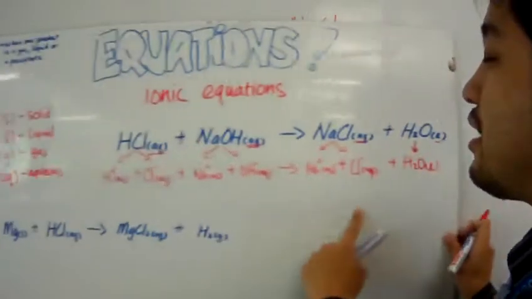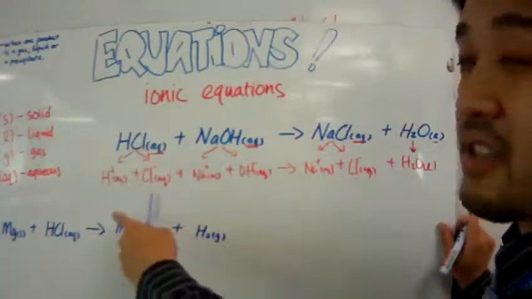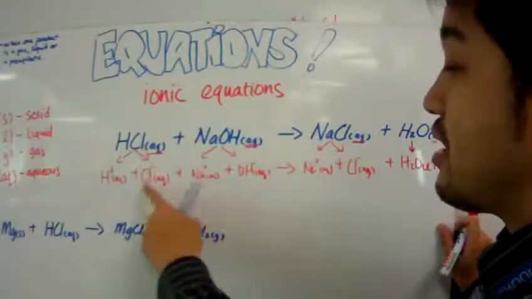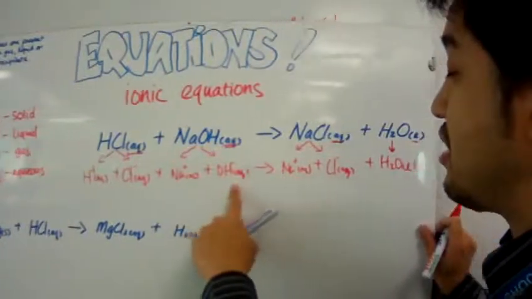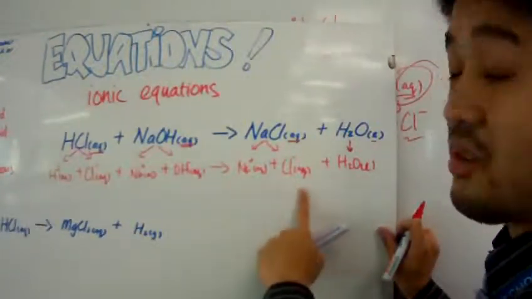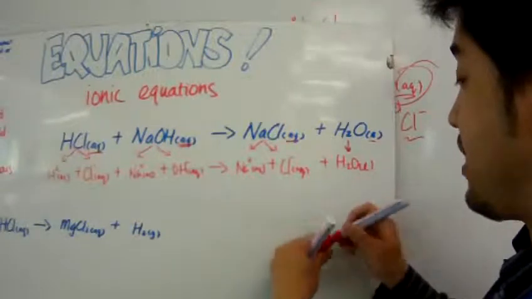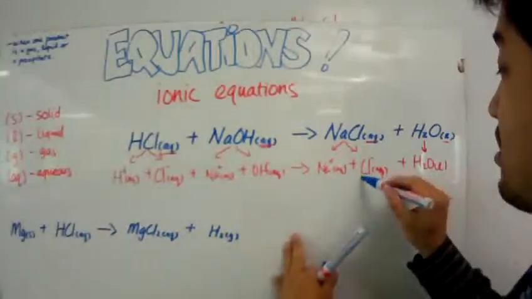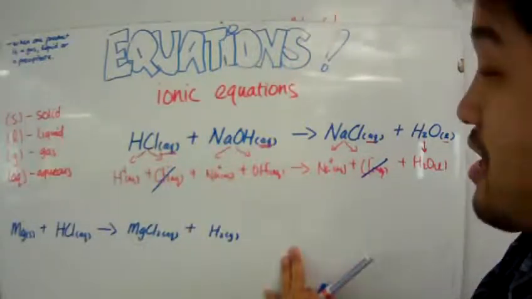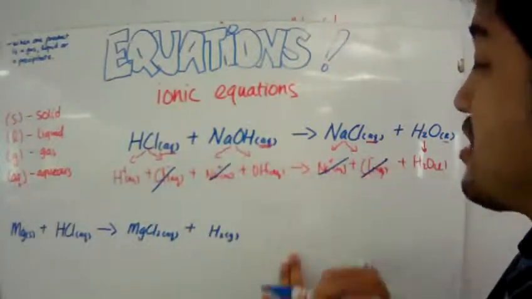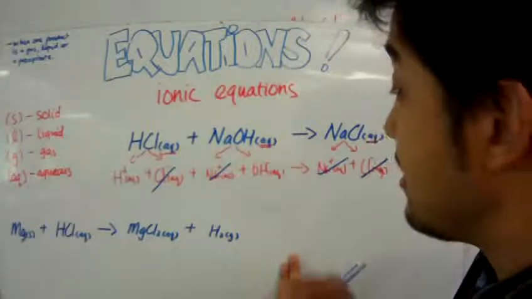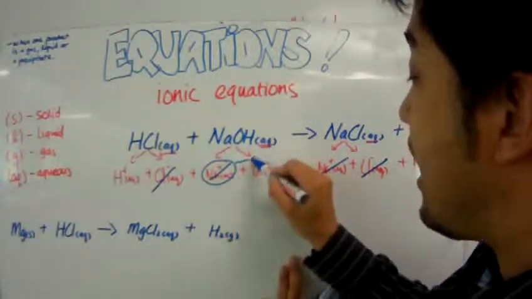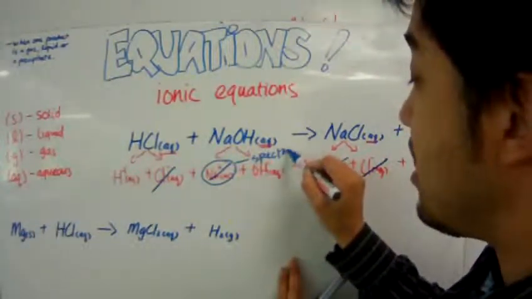And immediately what you notice is that there are some substances on the left side of the equation that are repeated again on the right side of the equation. In this example, we have chloride that's exactly the same and sodium that's exactly the same, so we cancel them out. These substances are called spectator ions.